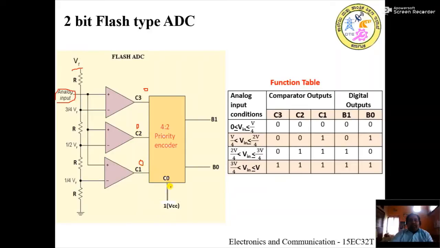And as we know, C0 is always connected to VCC, that is 1. With 0 0 0 1, the output is represented with the binary bits 0 0.